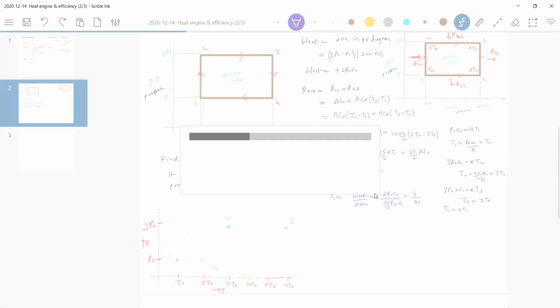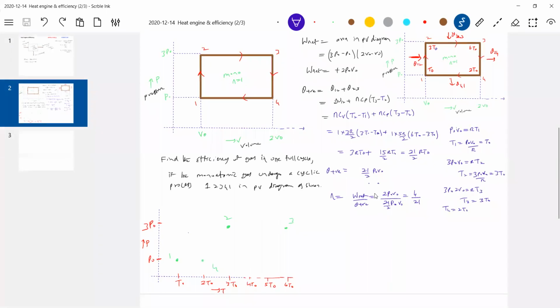So next, from 1 to 2. What is 1 to 2? It is an isochoric process. In a PT graph, an isochoric process is a straight line passing through the origin. 2, 3, isobaric heating, a horizontal line in the PT graph. 3, 4, isochoric cooling, a straight line passing through the origin.